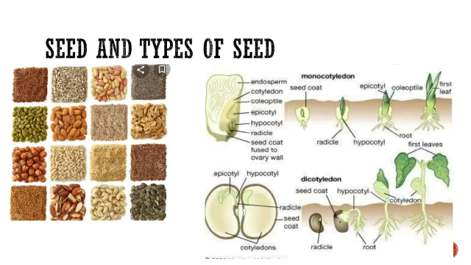That is why they are called dicotyledonous seeds. And the seeds which do not divide into two equal parts are called monocotyledonous seeds. For example, wheat, rice, jawar, these are monocotyledonous seeds. In case of dicotyledonous seeds, an example we can give is the pulses. All types of pulses come in dicotyledonous seeds.